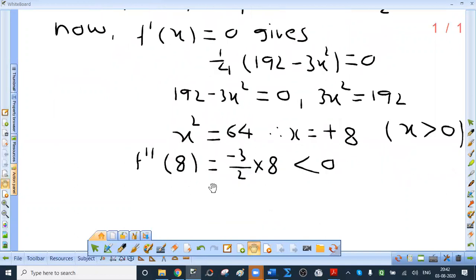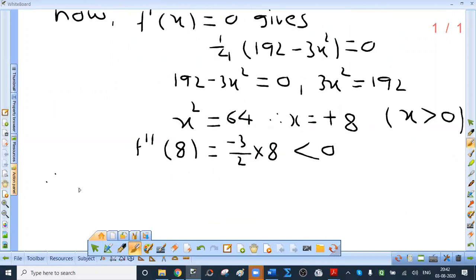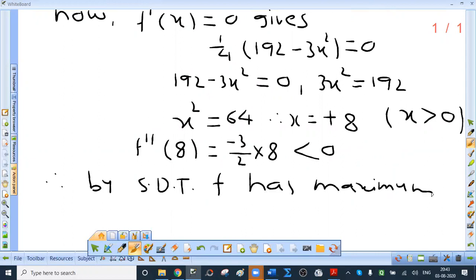So by second derivative test, function has maximum at x equal to 8.